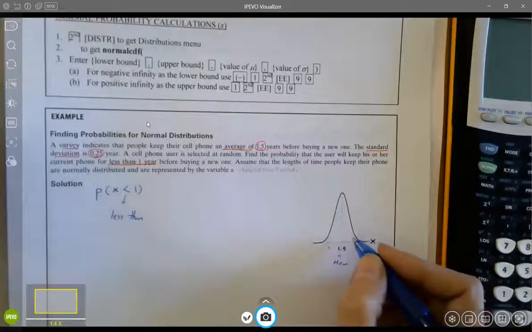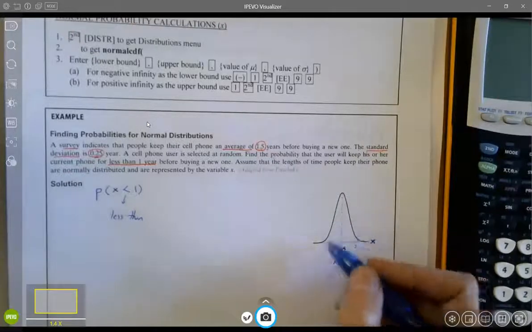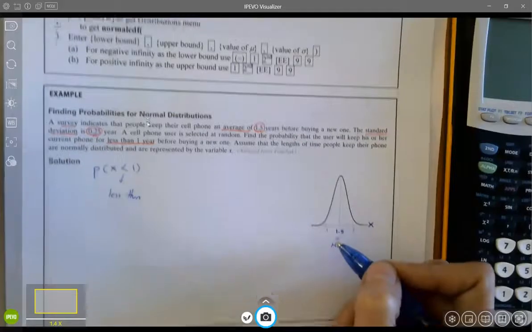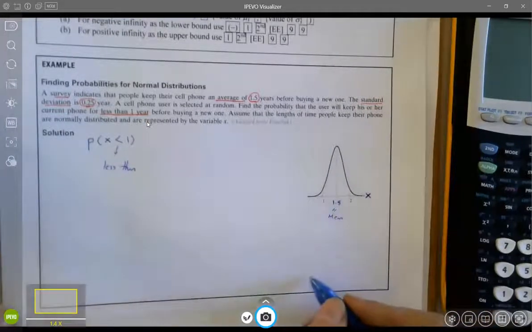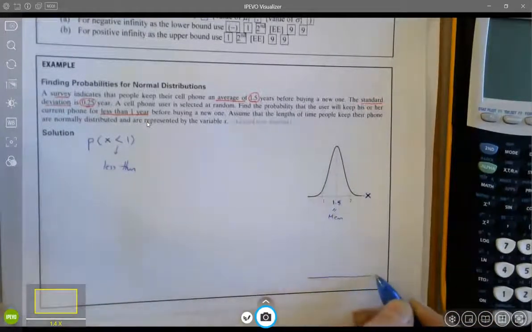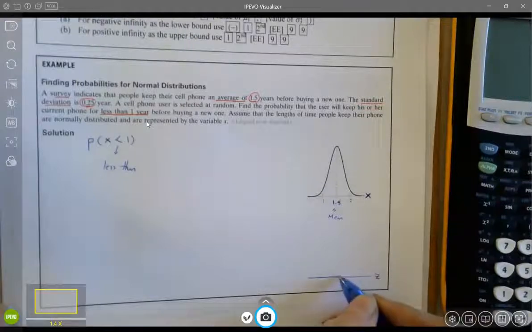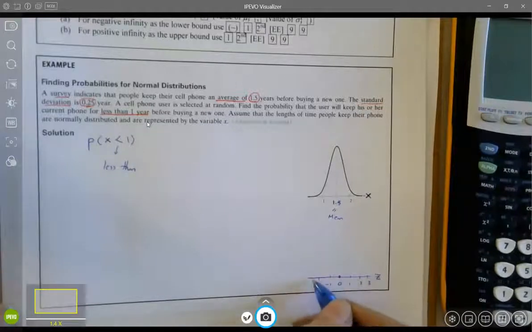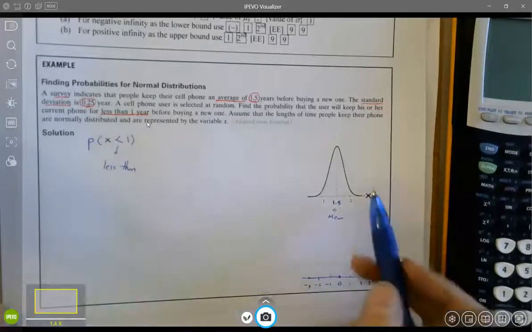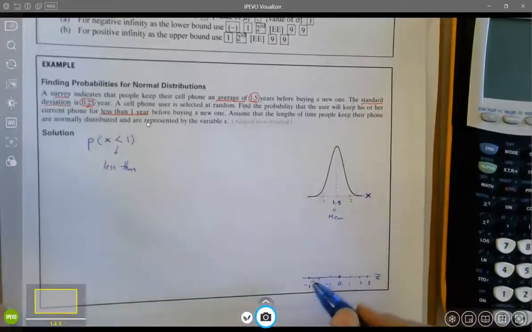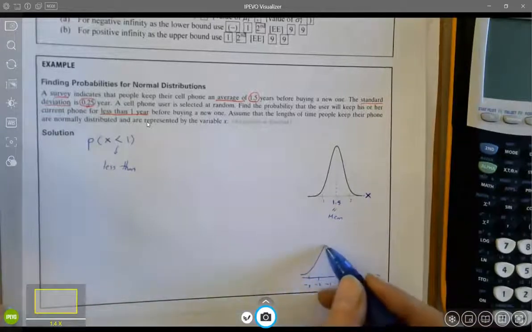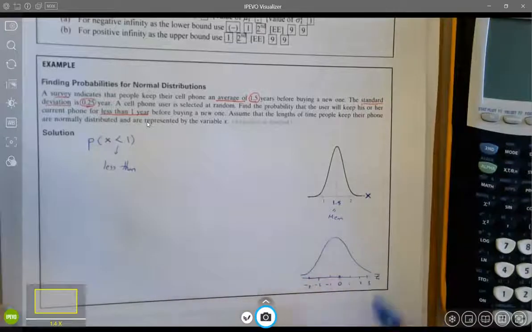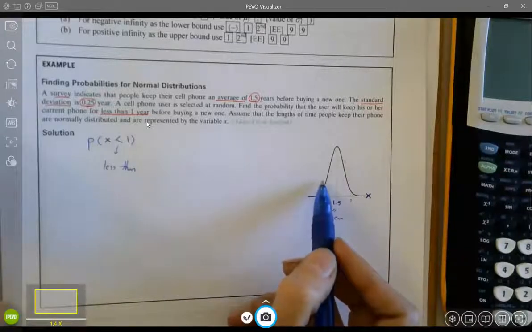This is just a normal distribution. It's not a standard normal distribution. Remember that for a standard normal distribution, we need to have a z, and you have 0, 1, 2, 3, -1, -2. This is different from a standard normal distribution.